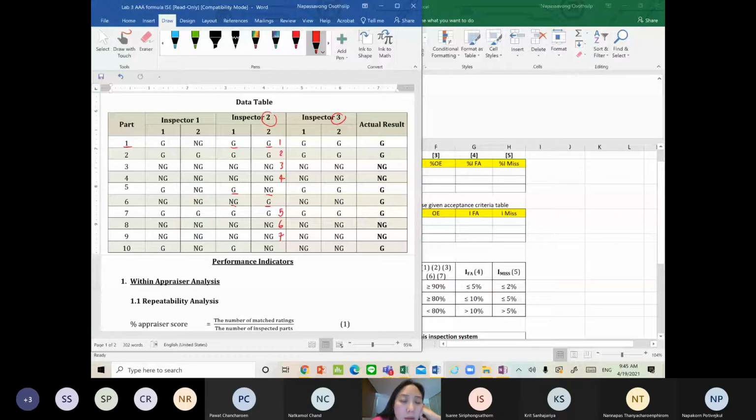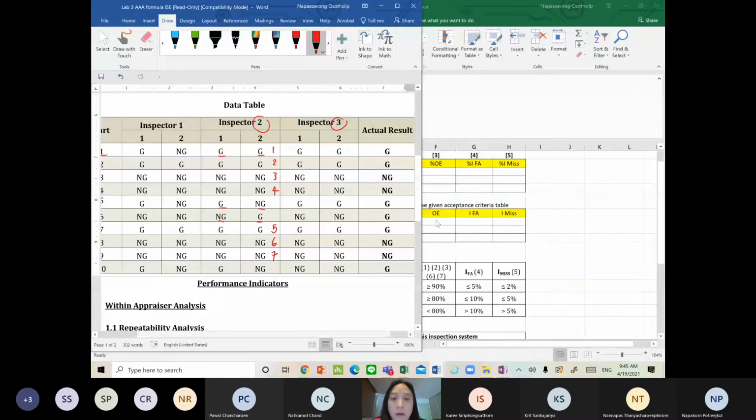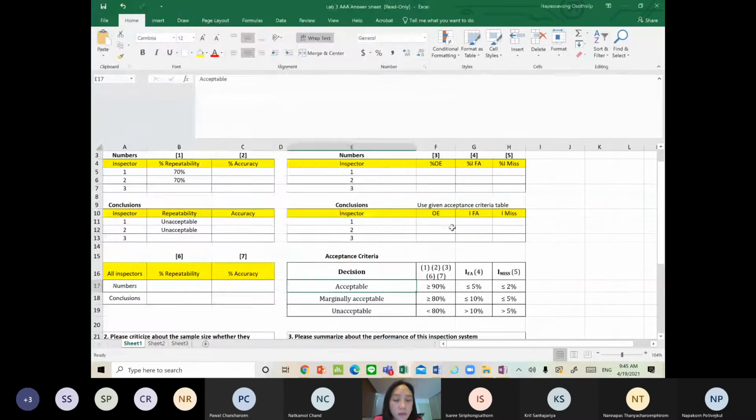How many parts give inconsistent results? They give 10 consistent results out of 10. Good, all the parts have consistent results. That means percent repeatability is 100%, and it's pretty sure that we will accept the repeatability of this person.